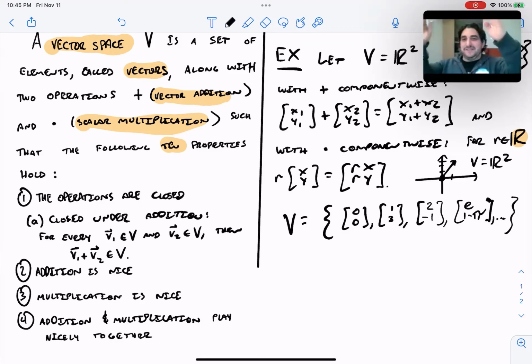If you think of a Venn diagram, V is this circle, you pick 2 elements inside that circle, you add them together, and that border is sort of closed. They can't leave that circle.